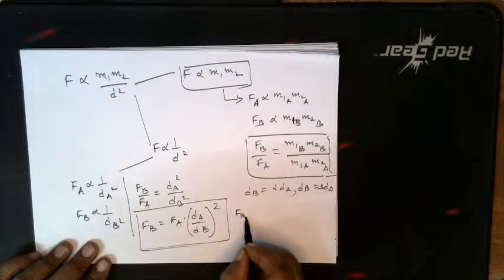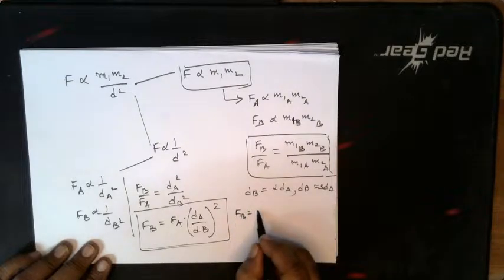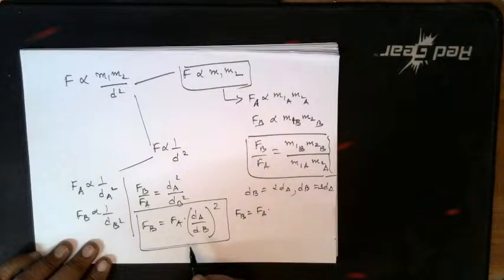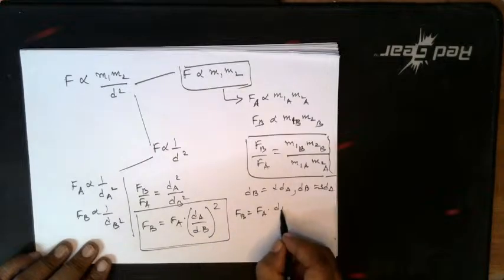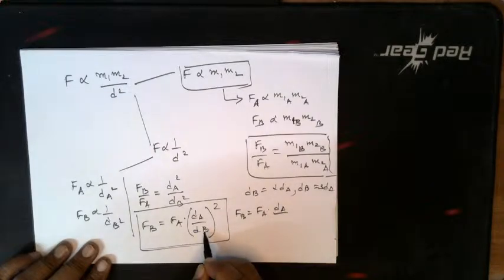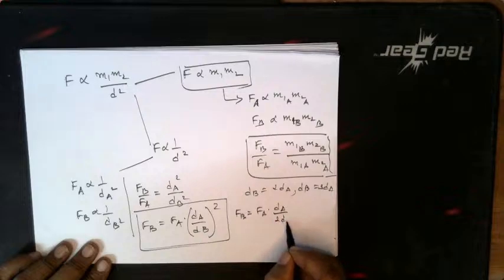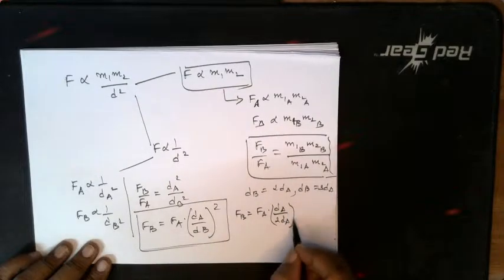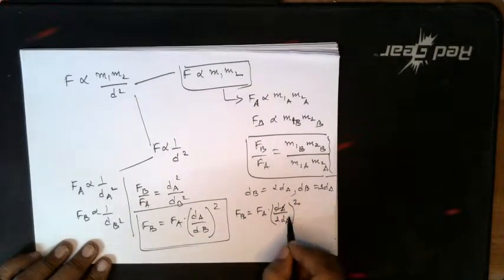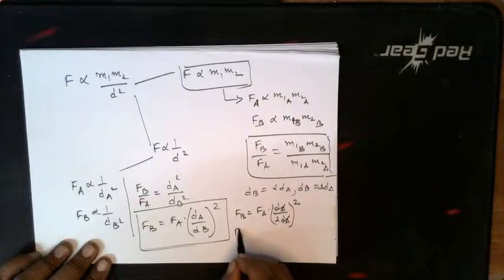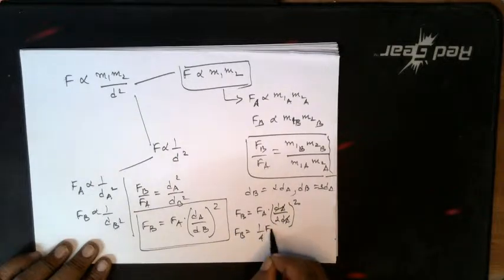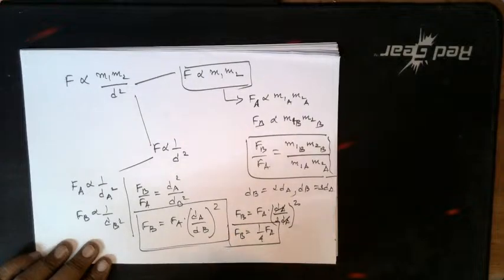So FB is equal to, in the first case, FA into, what is dA? dA is dA only. What about dB? dB is twice dA. So likewise, you can easily do this whole square. So dA cancels, 1 by 2. Therefore, FB is equal to 1/4 of FA. Got this answer? Is it clear?